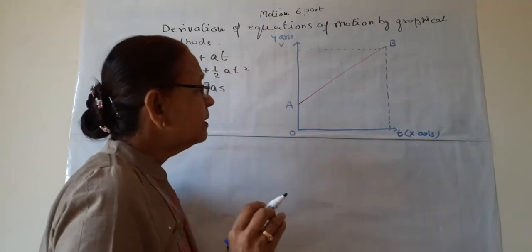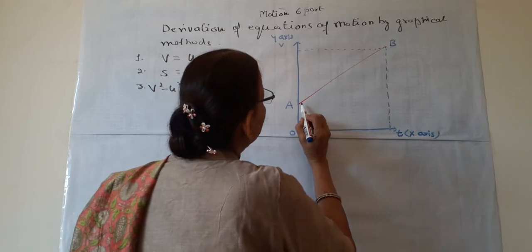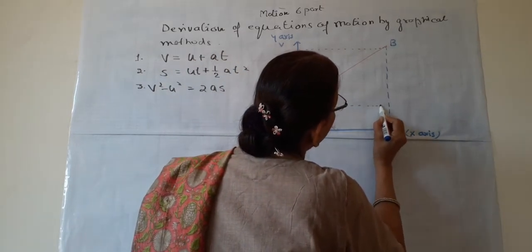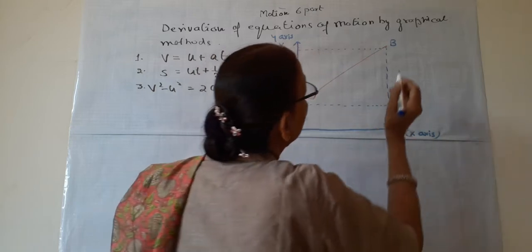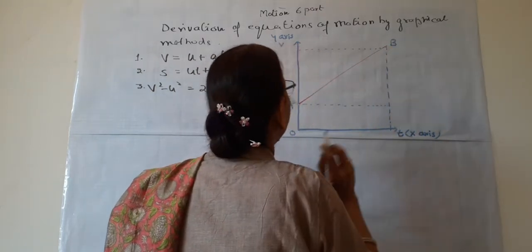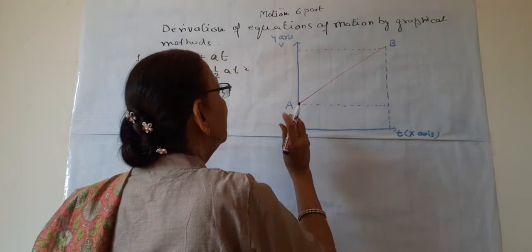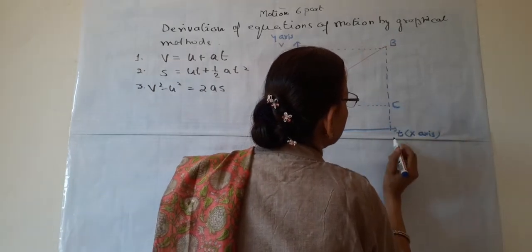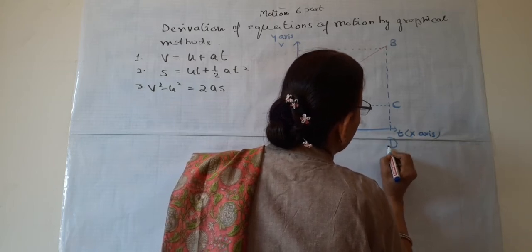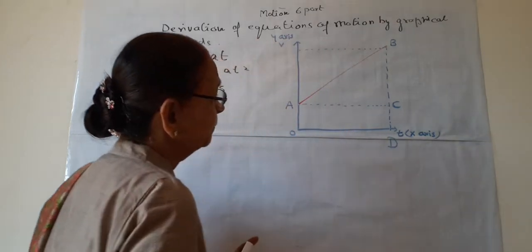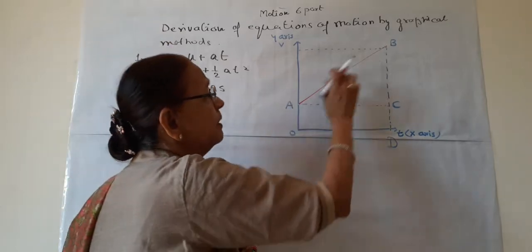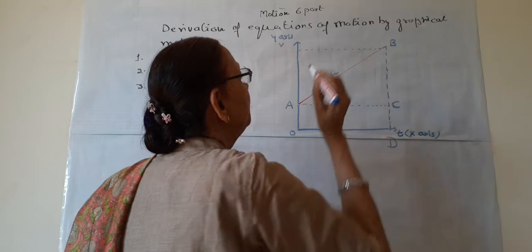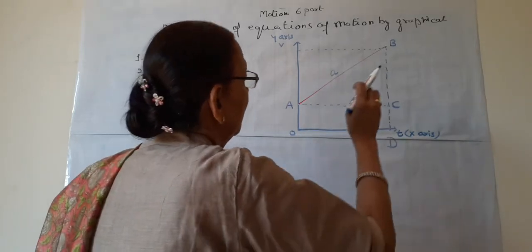So two perpendiculars are drawn, and we also join point A to B. Now we will name the points: A, B, this is C, this is D. So now this graph line AB shows uniform acceleration.